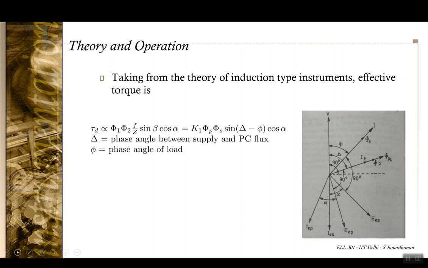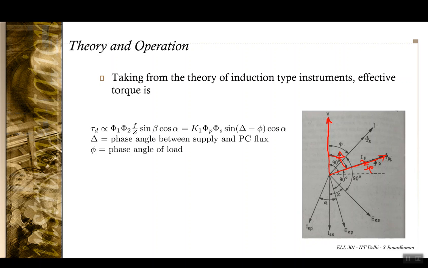As we have seen earlier, as a revamp, we have V as the supply voltage, and phi p, which lags V by an angle delta. Phi p is in phase with IP, the current through the pressure coil.